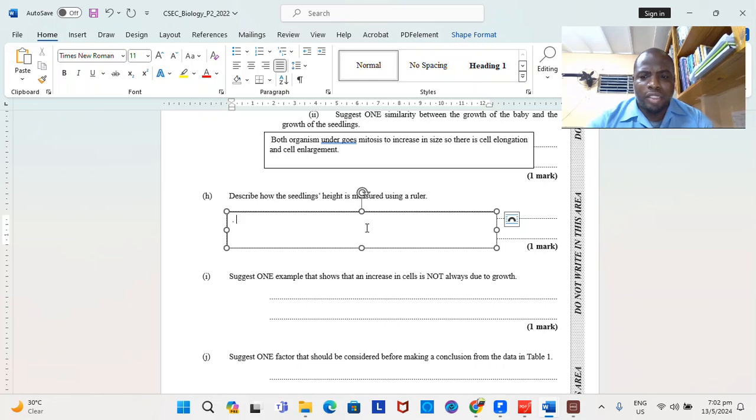Due to the influence of time, you basically place the ruler at the base where the stem of the seedling emerges from the soil, and you align the ruler vertically so that you can record the height to where the shoot stops on the ruler.